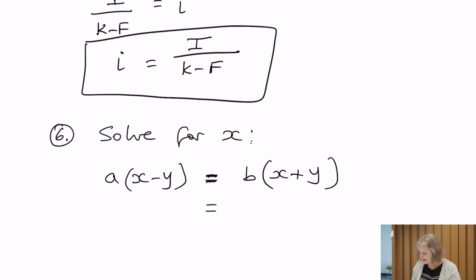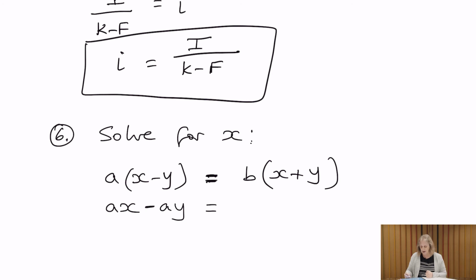So a times x is going to give us ax. We've got a subtraction here, so a multiplied by negative y is going to be negative ay. Likewise on the right-hand side, we're going to expand the brackets, multiplying everything in the bracket by b. b times x is going to give us bx. b multiplied by positive y is going to give us plus by here.